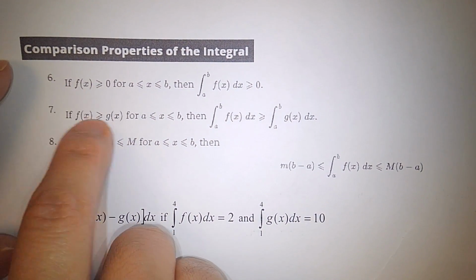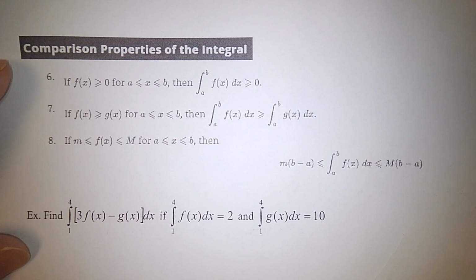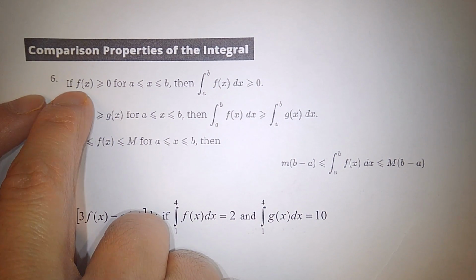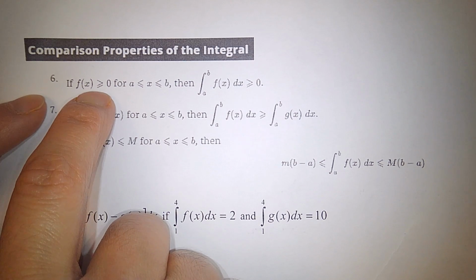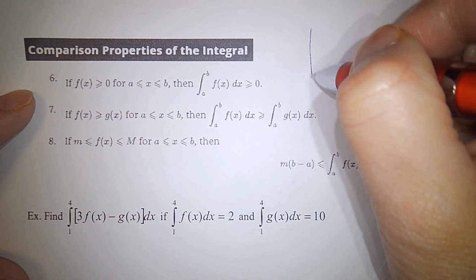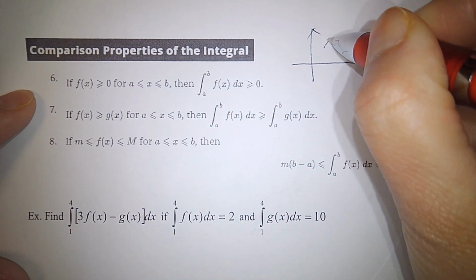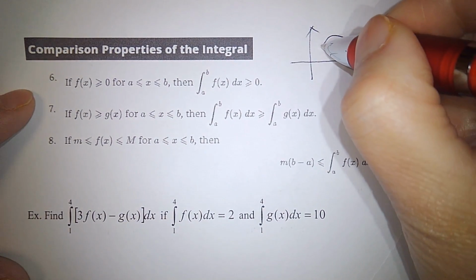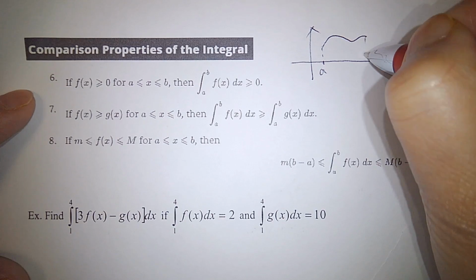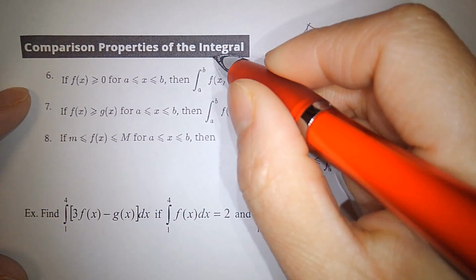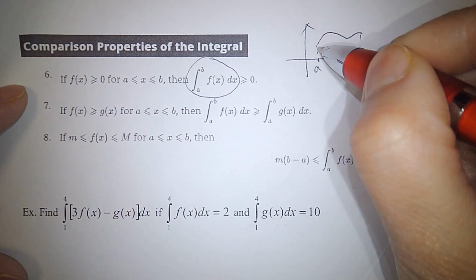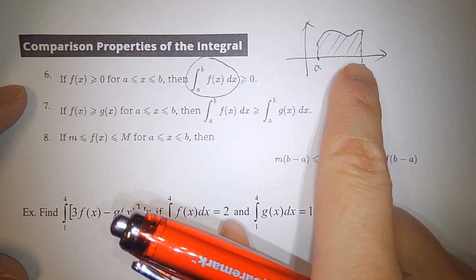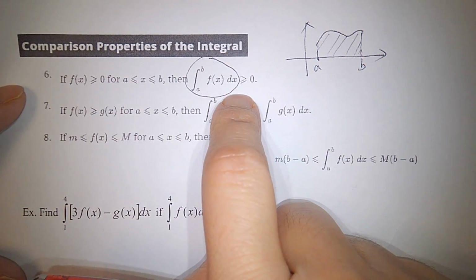Let's try to understand these 3 properties, the comparison properties. This one is easy to understand. If a function f of x is always greater than or equal to 0, what does that mean? This function is always above the x-axis on this interval from a to b. So the definite integral, which gives us the area of this region S, will always be greater than or equal to 0.